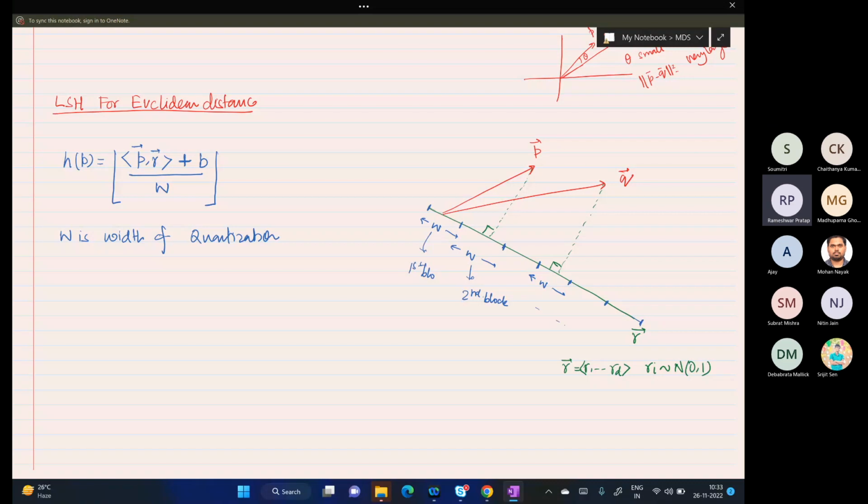We are adding some random offset B, which is sampled from say 0 to W. The intuition is, if the distance between points P and Q is small, then they will fall in the same block. Here the distance between P and Q is large, so they fall into different blocks: P falls in this block whereas Q falls in this block.